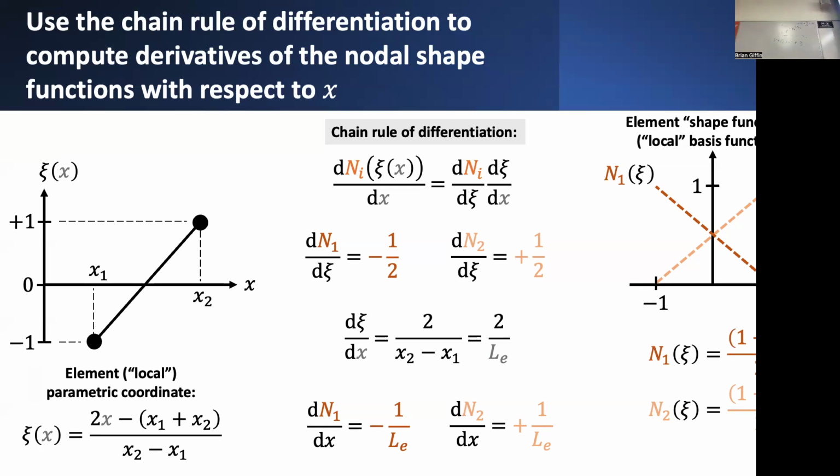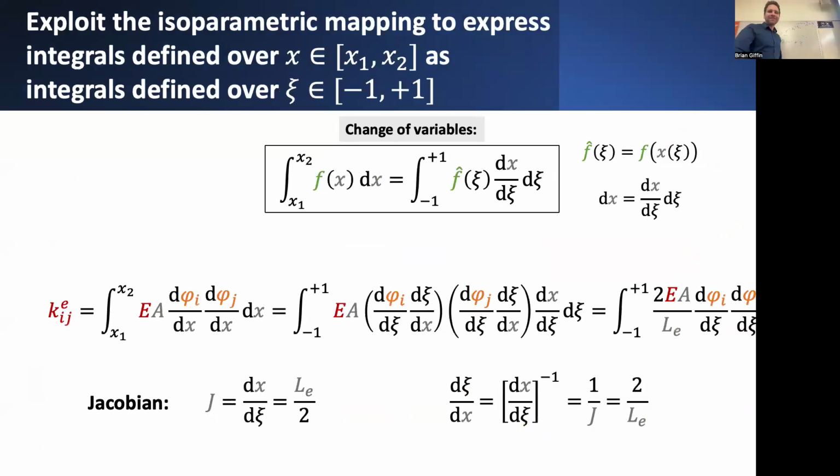I can call that length X2 minus X1 just L sub e, referring to the length of that particular element e. Composing these things through the chain rule, I finally come up with an expression that says the derivatives of N1 with respect to X and N2 with respect to X are nothing more than plus or minus 1 divided by the length of the element. Okay, so that was essential.